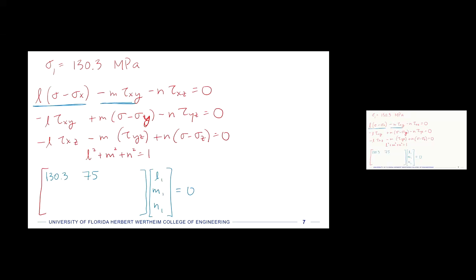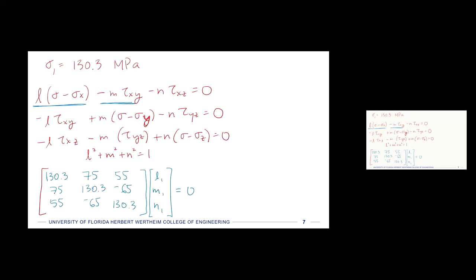Our tau xz, same as tau zx, is minus 55, and it's negative there, so we'll put in a positive 55. And then we'll do the same for the others. So we'll have 75, 130.3. That's the same for everything in the diagonal. We'll have a minus 65 here, minus 65, and a 55.